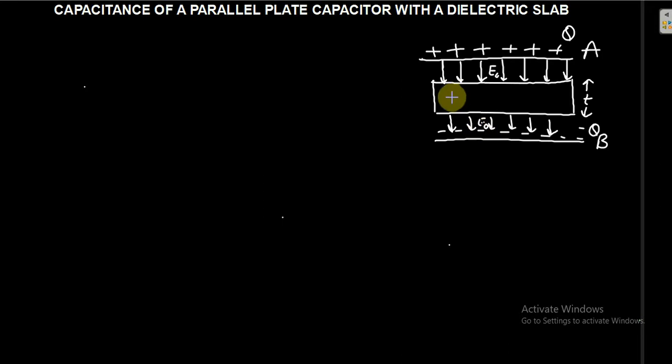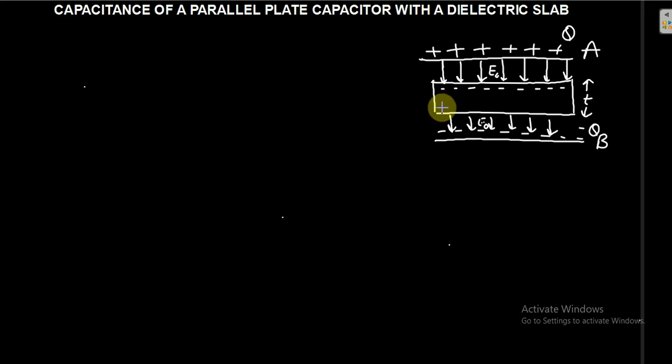So this field is outside the dielectric slab, but what will happen to the dielectric slab? Because a dielectric is made of a large number of atoms and molecules, all the atoms, electrons, or you can say charges, will arrange themselves according to the charge on plate A and plate B. Here the positive charge will attract the negative charge toward it.